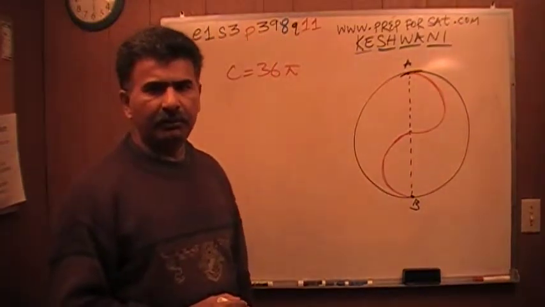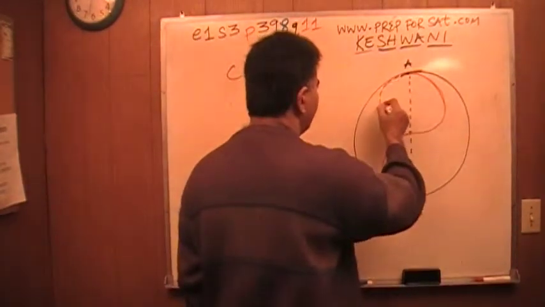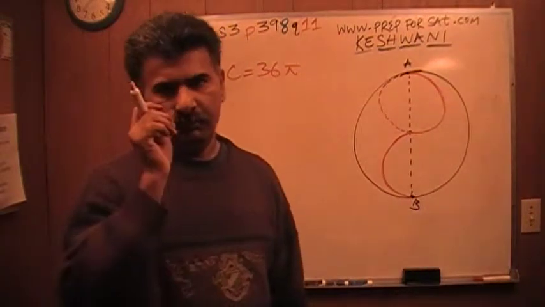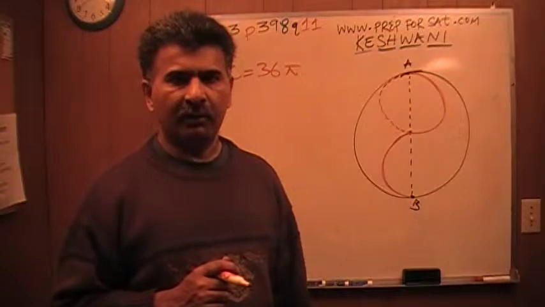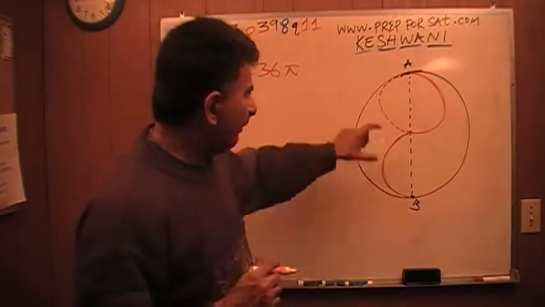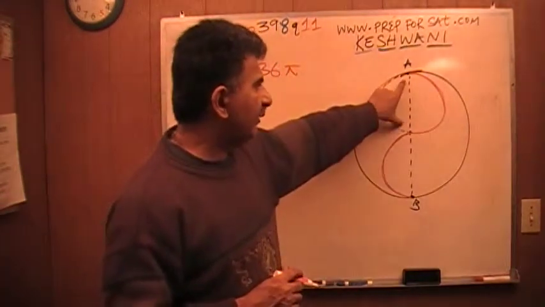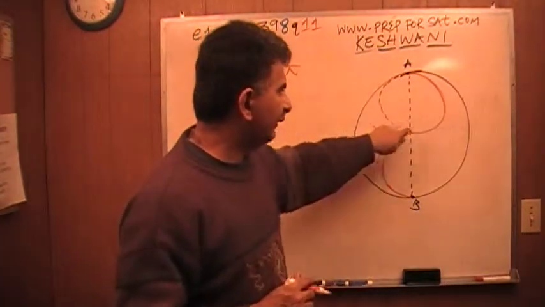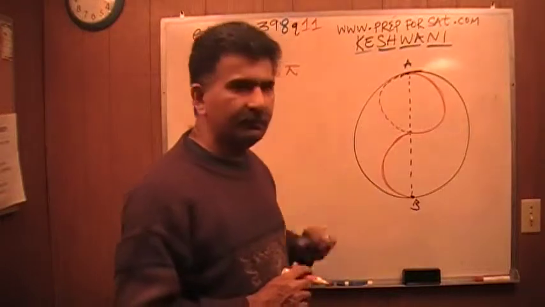So when they talk about the length of the curved path, they're basically talking about the circumference of the small circle inside it. The small circle has a diameter that is half the diameter of the large circle. So if I can find the diameter of the large circle, I can figure out the circumference of the small circle, and the circumference of this one circle is the length of the curved path. You see?